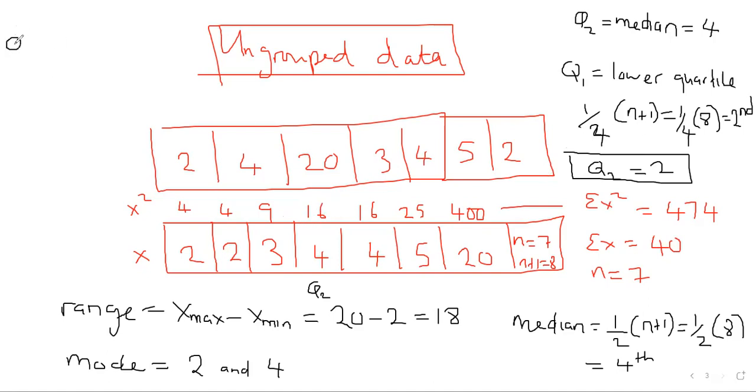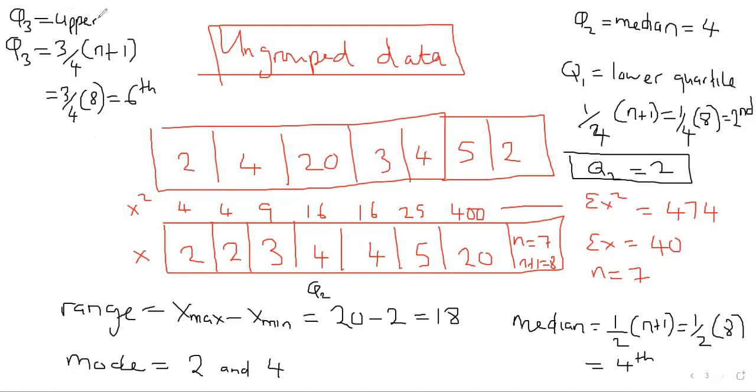Go to our third quartile, which is 3 quarters of n plus 1. Our n plus 1 is what? 8. So 3 times 8 is what? 16... 3 quarters of 8 is 6.